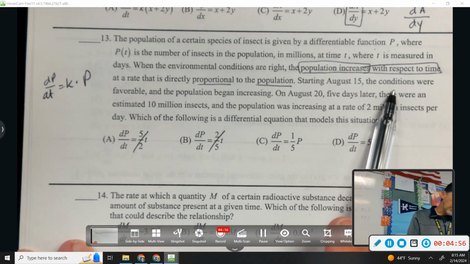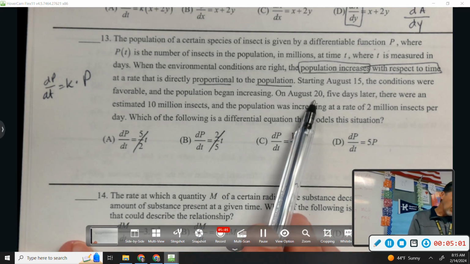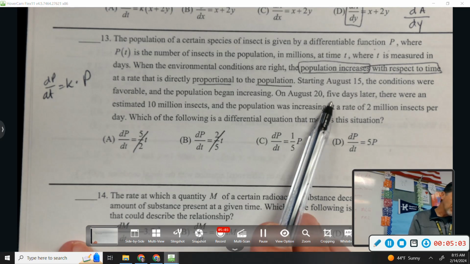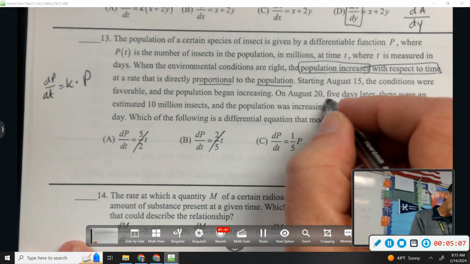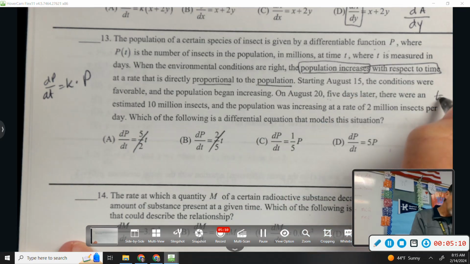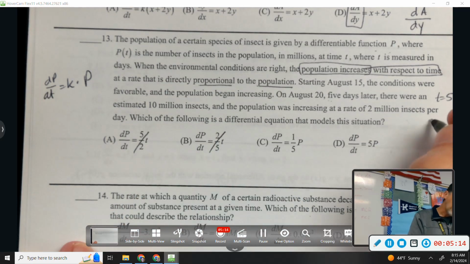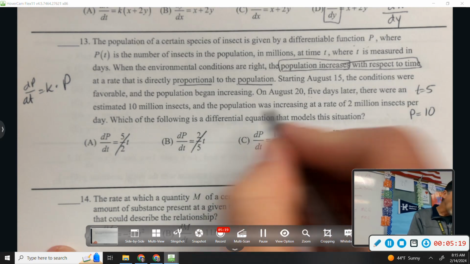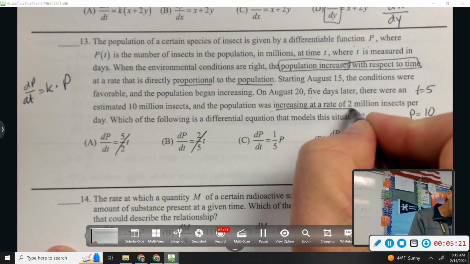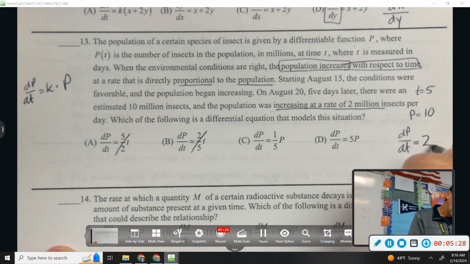Starting August 15th, the conditions were favorable and the population began increasing. On August 25th, 5 days later, so that means t is 5, if that matters. There were an estimated 10 million insects, so P was 10, and the population was increasing at a rate, so that's dP/dt, of 2.